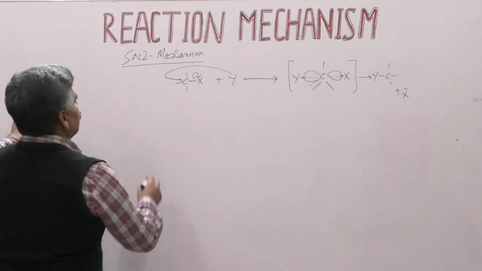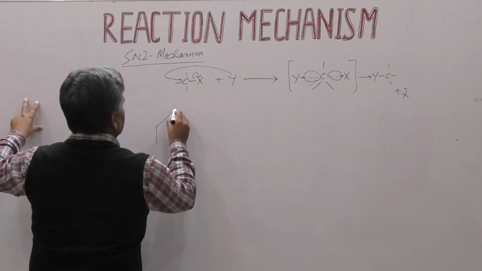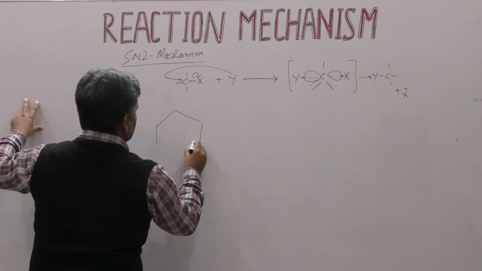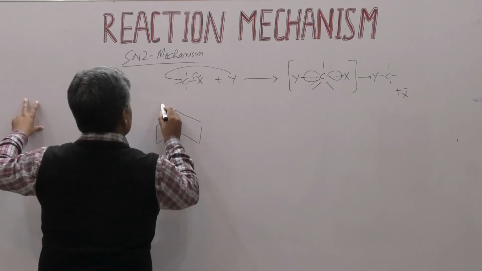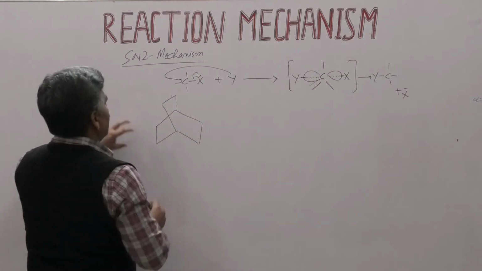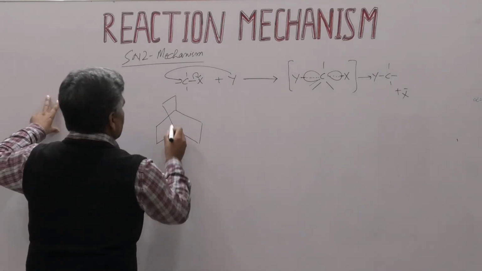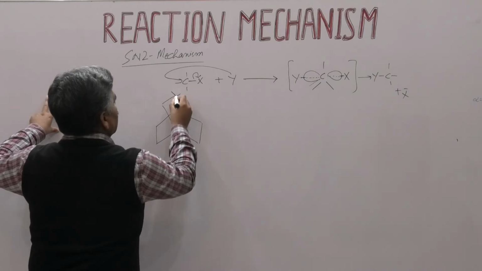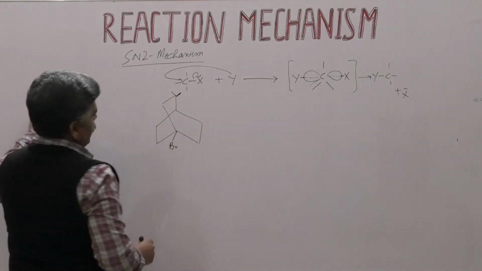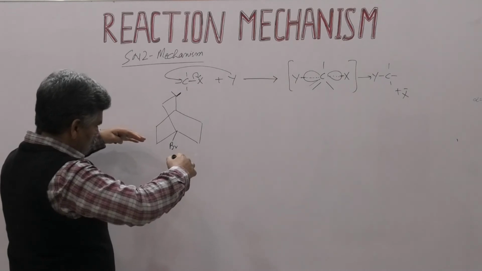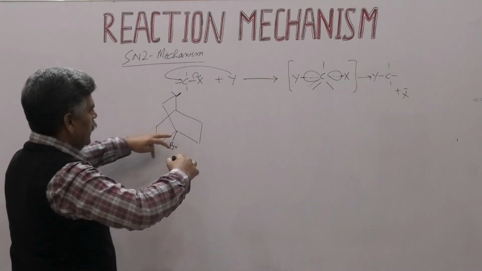For example, if the leaving group is present at this bridgehead system, which is further substituted by this dimethyl group, then this is a sterically hindered carbon.